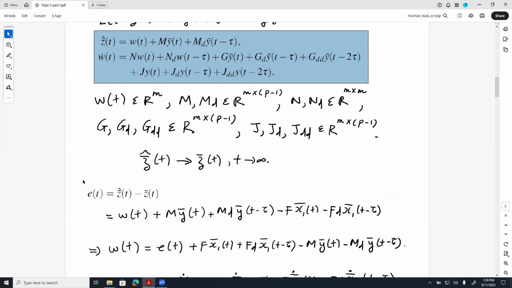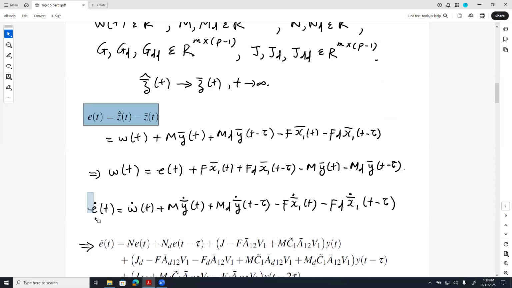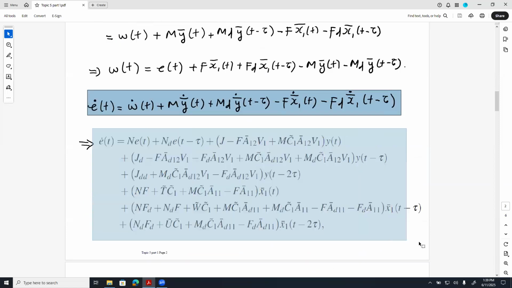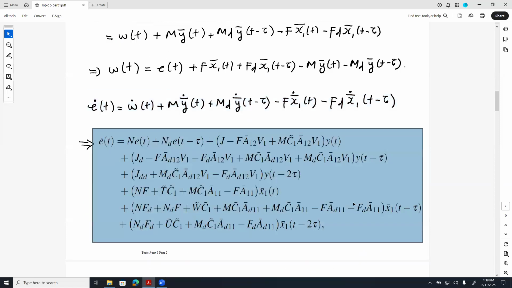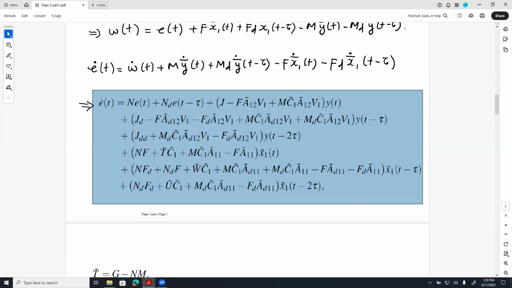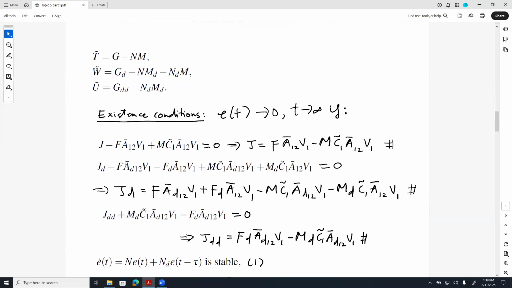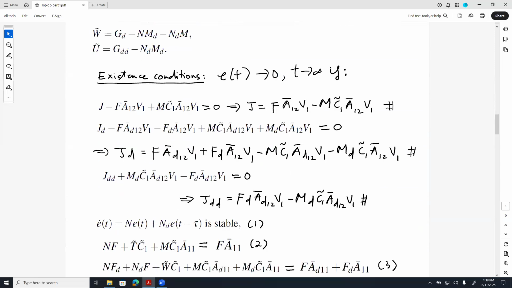We consider an error vector, and then we take the differentiation of the error vector with respect to time, and then we arrive at an error dynamic equation, and then we make all the terms in there equal to 0, and we arrive at existence conditions. So that is the systematic way of doing it.